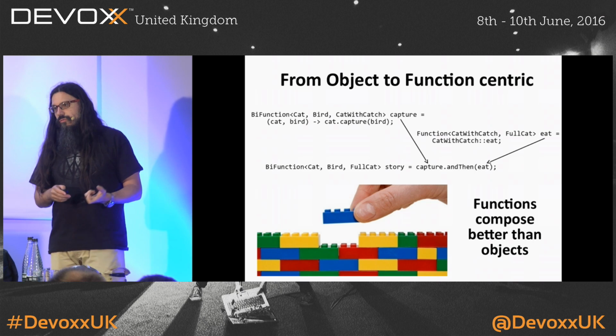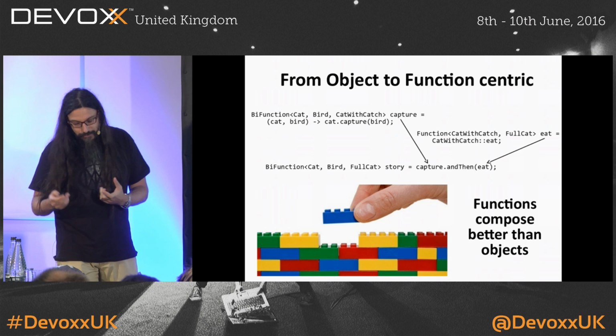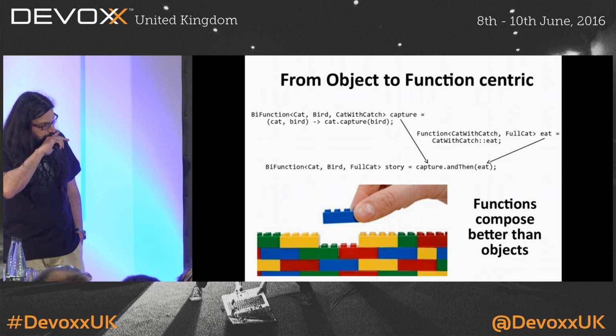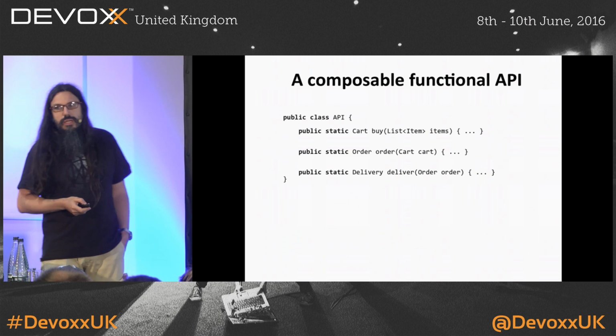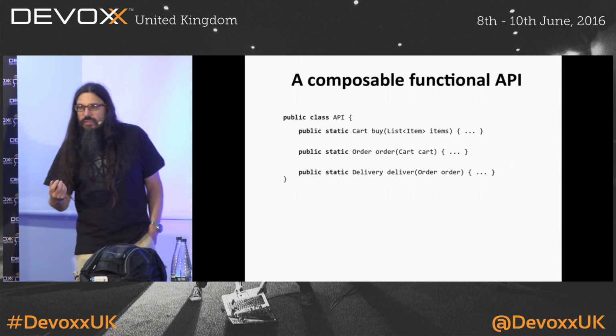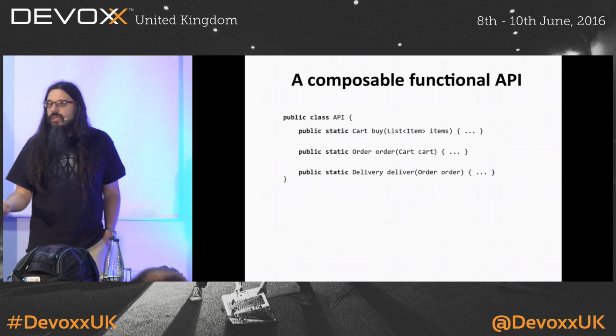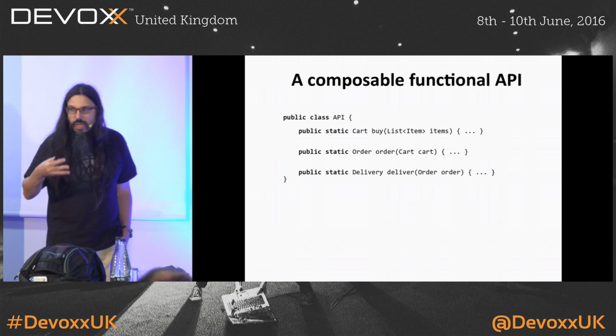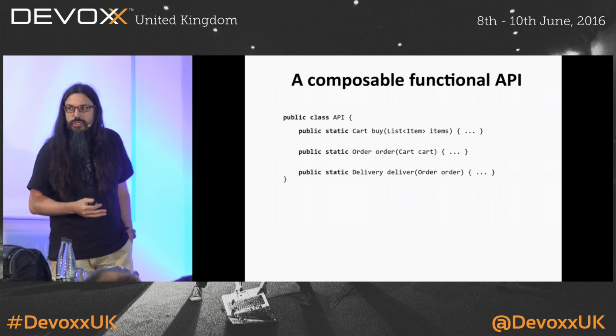And of course this is a very trivial example, but you can for instance try to translate it into a more real-world example. For instance, you have an API for an online shop.